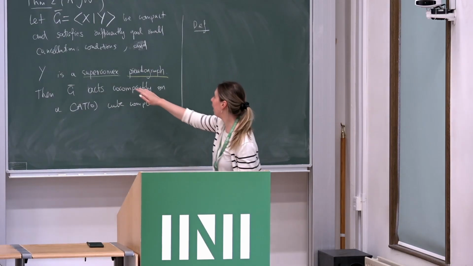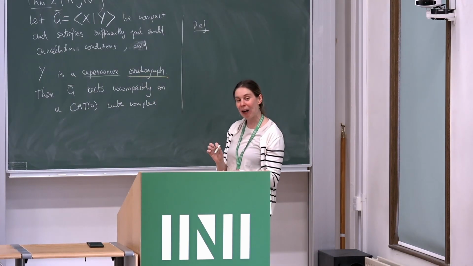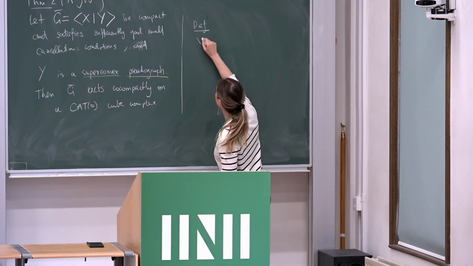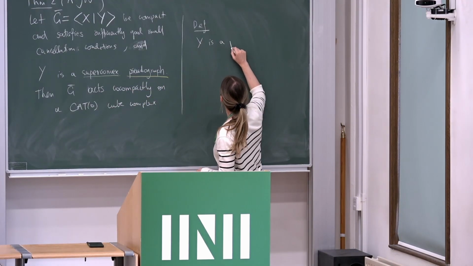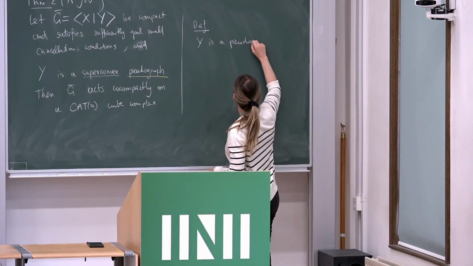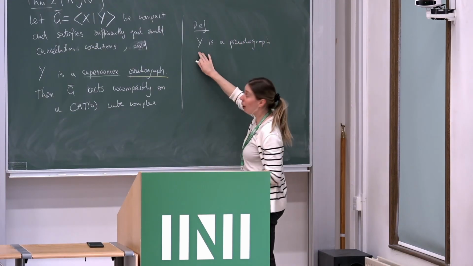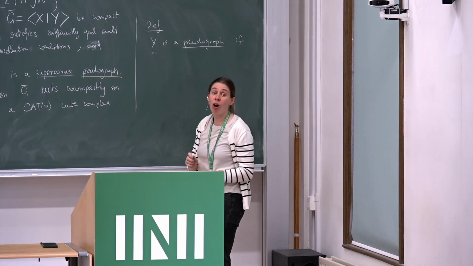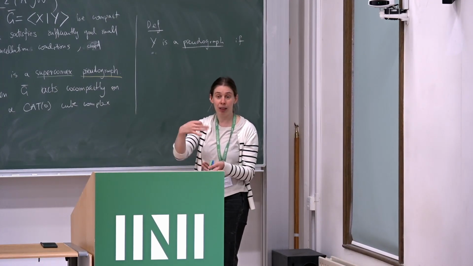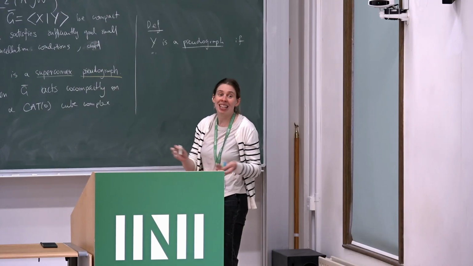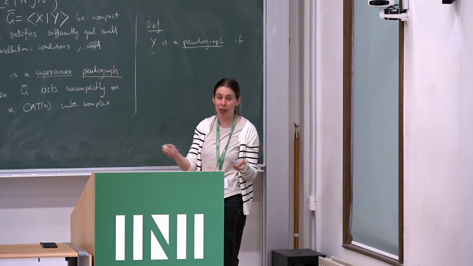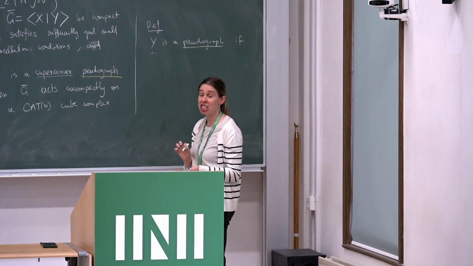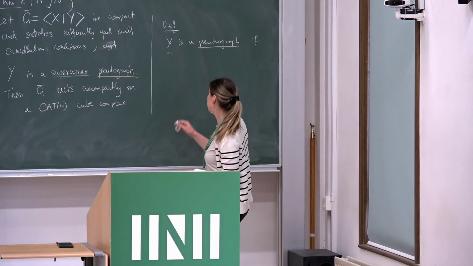Okay, so I want to tell you what superconvex pseudographs are. Well, it's a pseudograph that's superconvex. So let me start with a definition of pseudograph. This is a non-positively curved cube complex in which all the hyperplanes, I guess immersed hyperplanes, since it's a non-positively curved cube complex so we can only hope for immersed hyperplanes in general, but here we're actually saying that they are contractible and embedded.